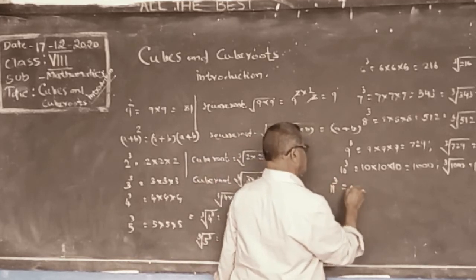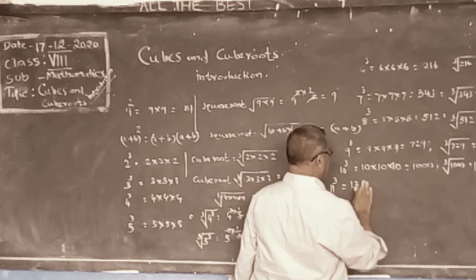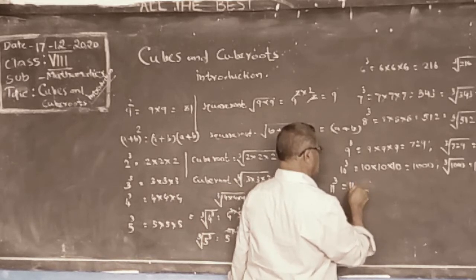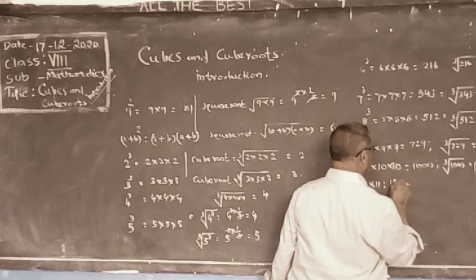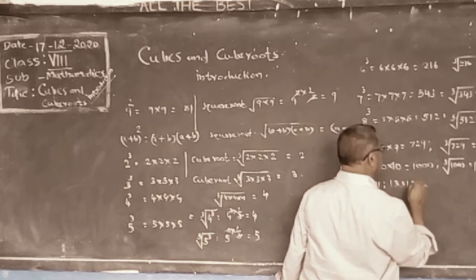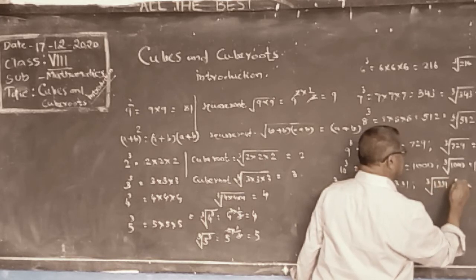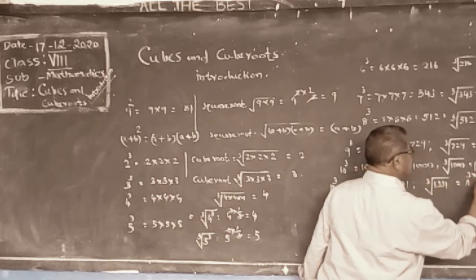11 cube, 11 into 11 into 11. The product is 1331, and its cube root is 11 cube into 1 by 3.